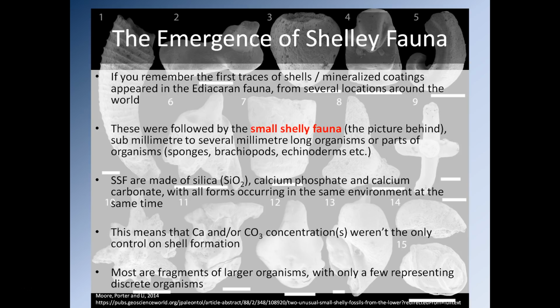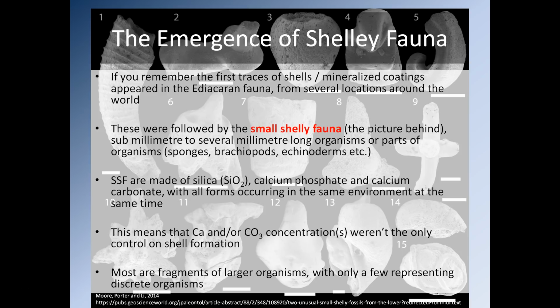But the fragments of shell that occur around the time of the Ediacaran fauna do suggest that there were some organisms that had the start of what we would classify as a proper shell, or maybe just a mineralized coating of some kind. So we had the start of shells making their appearance with the Ediacaran fauna right at the end of the Precambrian.